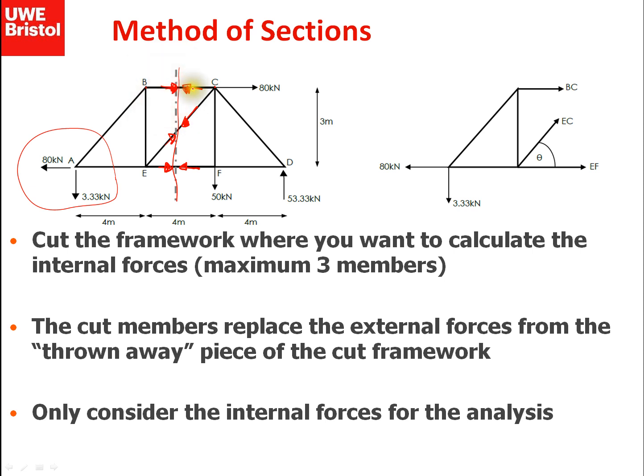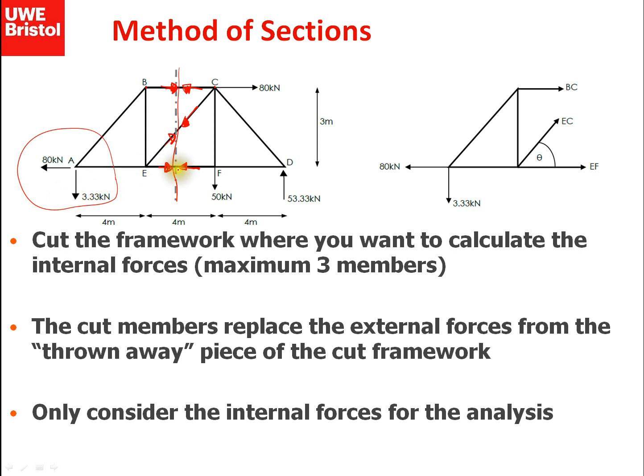These two forces need to be the same magnitude, and since they're pointing in the opposite direction to one another, they're going to cancel out. So they're not going to create any force in terms of the overall framework. There are only forces which are counterbalancing the external forces being applied.